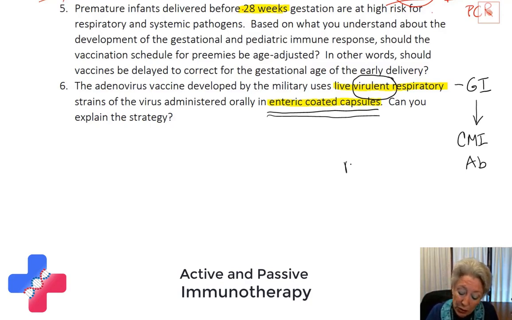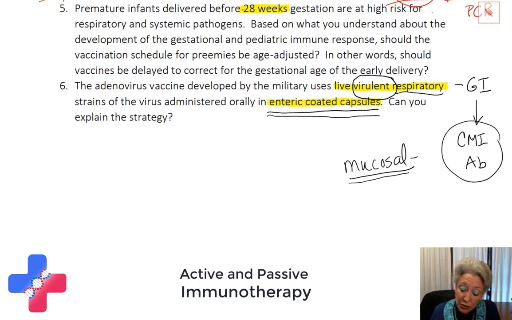It's going to be mucosal in its origin. And so where I'm going to get my memory is on mucosal surfaces. So when the individual is then exposed to the real respiratory technique of inoculation, which is natural, what's going to happen is that memory cells created on the gastrointestinal tract will go to the other mucosal surfaces and wait for the pathogen to enter.